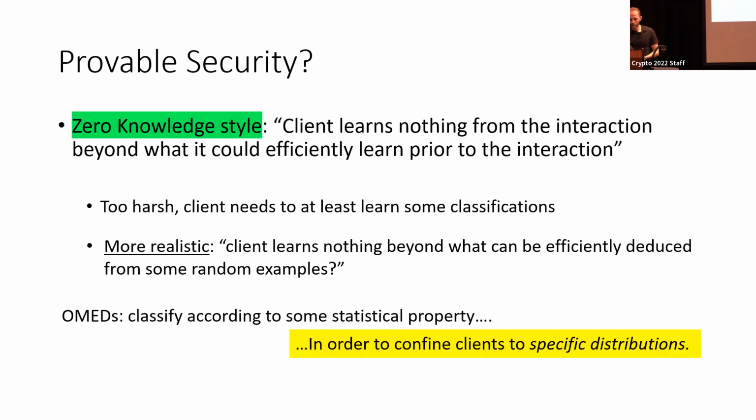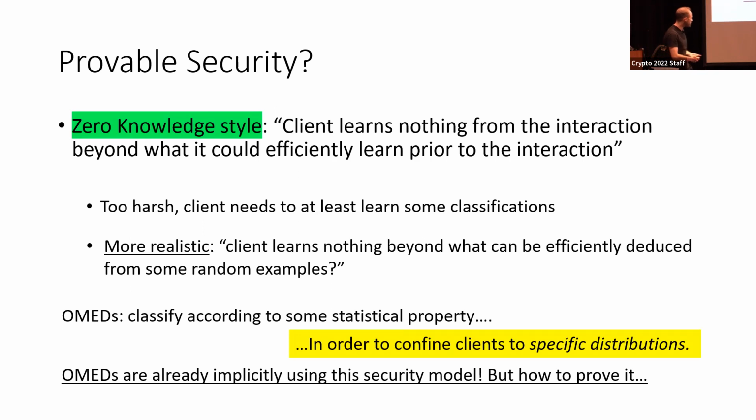And my point is that, thinking back to the OMEDs, what they're really trying to do in this paradigm of accepting versus rejecting is to confine the client to some specific distribution. So one can see that implicitly the OMEDs are already using this type of security model, and the OMEDs themselves are used to enforce this type of paradigm.